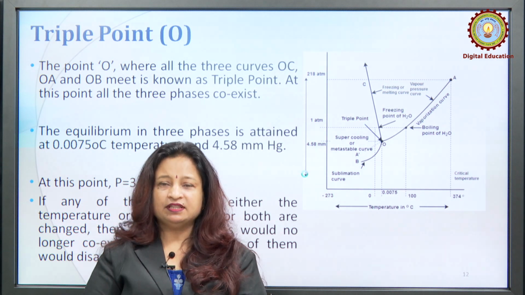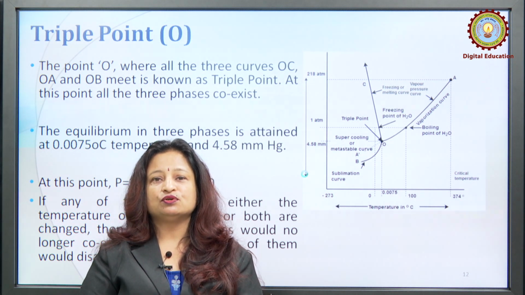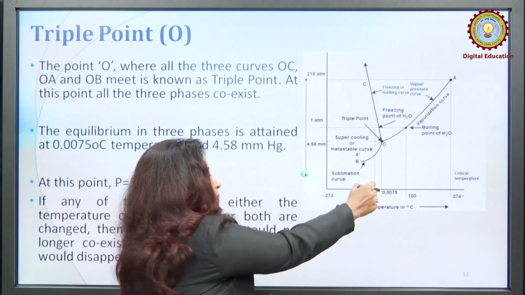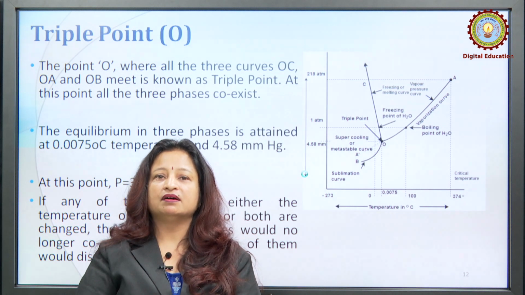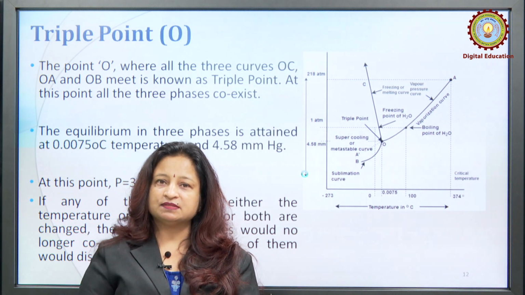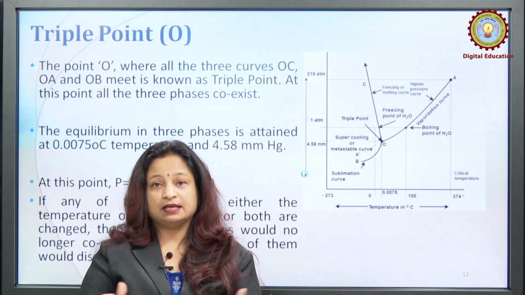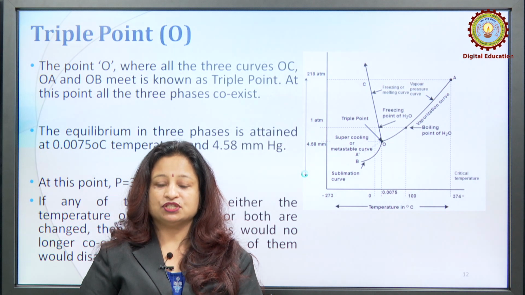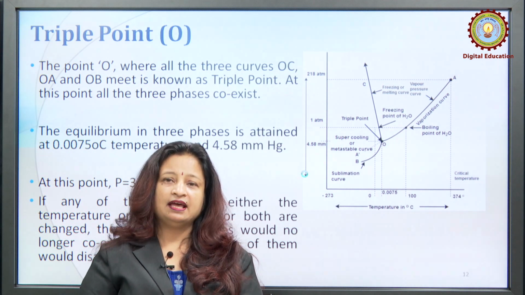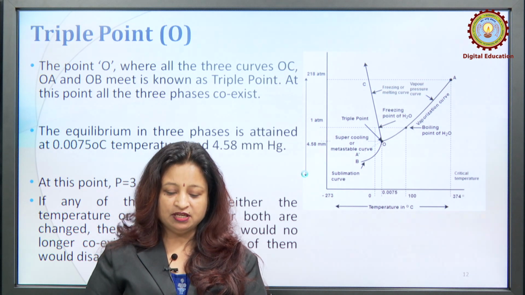The equilibrium in these three phases is attained at 0.0075 degree centigrade temperature and 4.58 millimeter mercury pressure. So, at this point you can see that phase is equal to 3, number of components is equal to 1. If you use that formula, then also you will get F is equal to 0, and also you can see that no condition has to be specified here. So, degree of freedom will be 0.